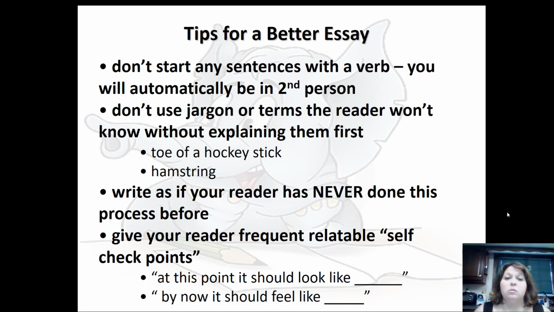And another way that this paper would automatically fall into second person is if you start a majority of sentences or independent clauses with verbs. As soon as you start a sentence with a verb in English, you automatically are implying the word "you." So if I say, "go pick up a pencil," what I'm really saying is, "you go pick up a pencil."